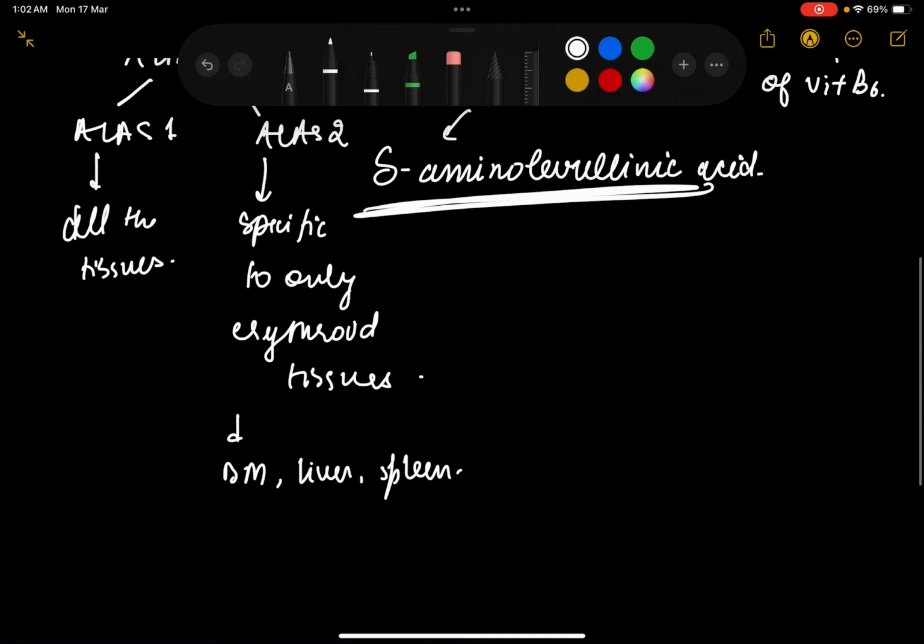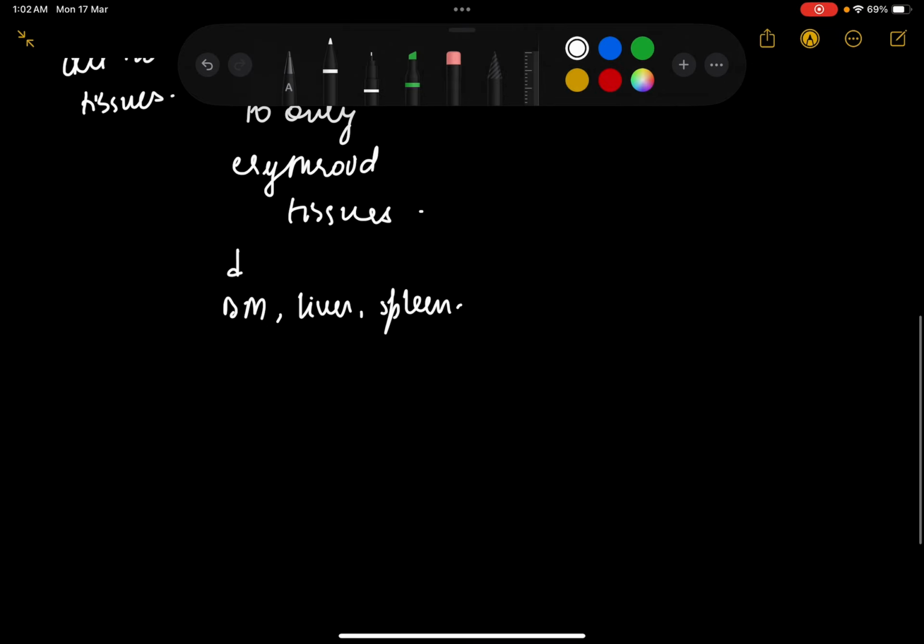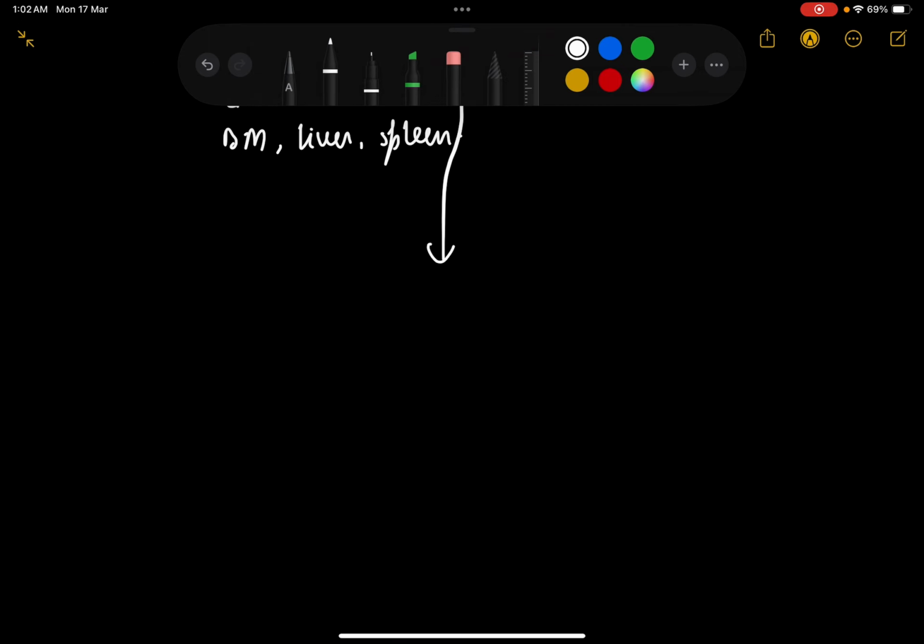Now, there is some extra information that I would like to tell you: mostly all the reactions of the body are under the control of negative feedback because we do not want excess production of anything in our body. Similarly, in heme production also, when the amount of heme is more, that means our body has excess heme and we do not require the body to produce more heme.